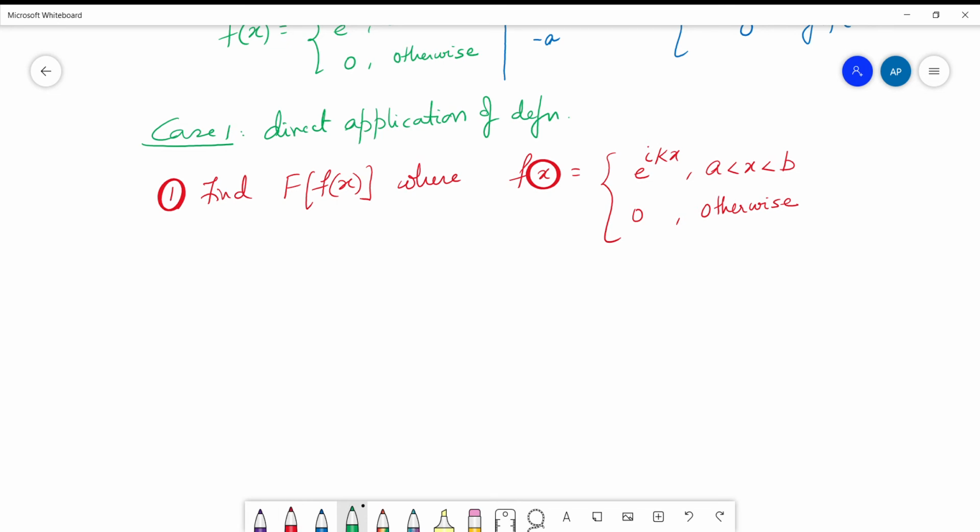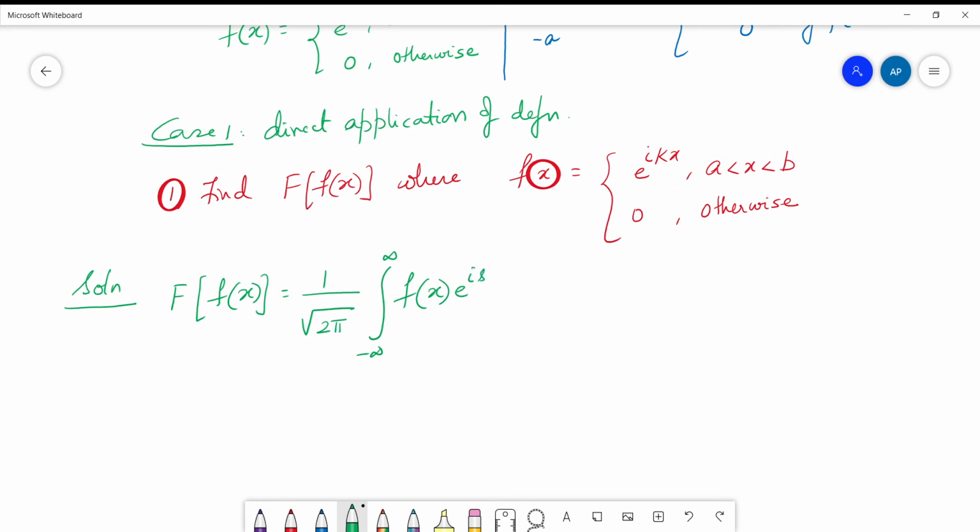So let's see how to solve it. It is our usual substitution. So I start by the definition. It's always better to write the definition in detail and then perform the substitution. So it is minus infinity to infinity f of x e to the power isx dx. Now if you note that we have in the number line minus infinity to infinity, we have a and b somewhere in between.